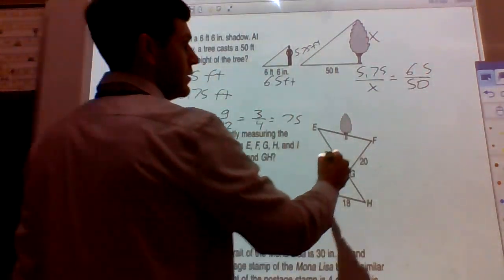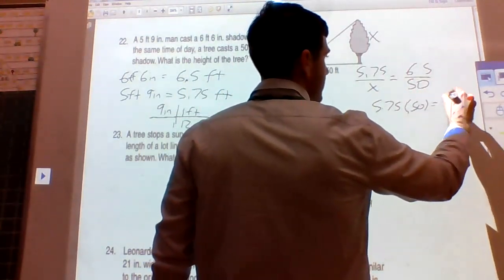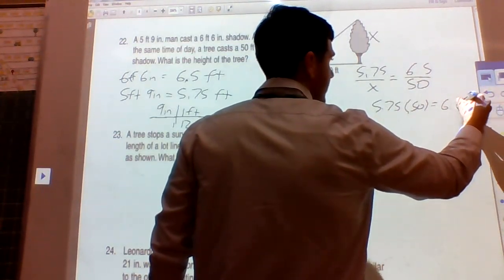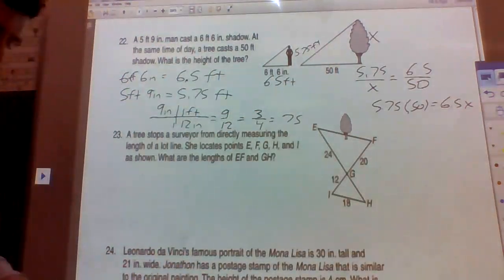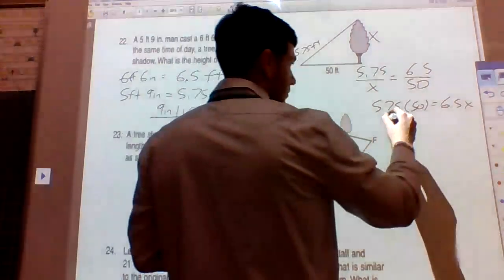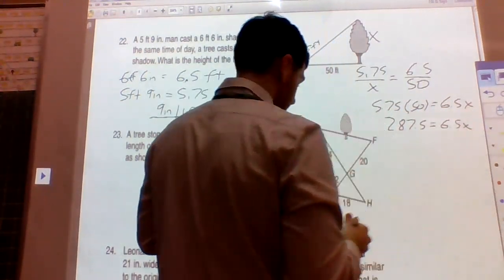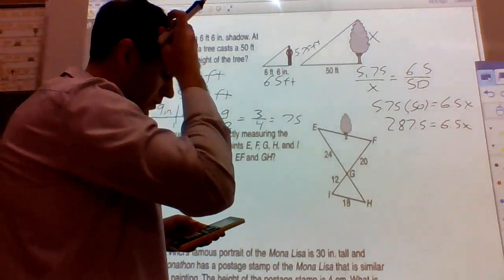Cross multiply. 5.75 times 50 equals 6.5 X. So 5.75 times 50 is 287.5, divided by 6.5 is going to give us 44.2.